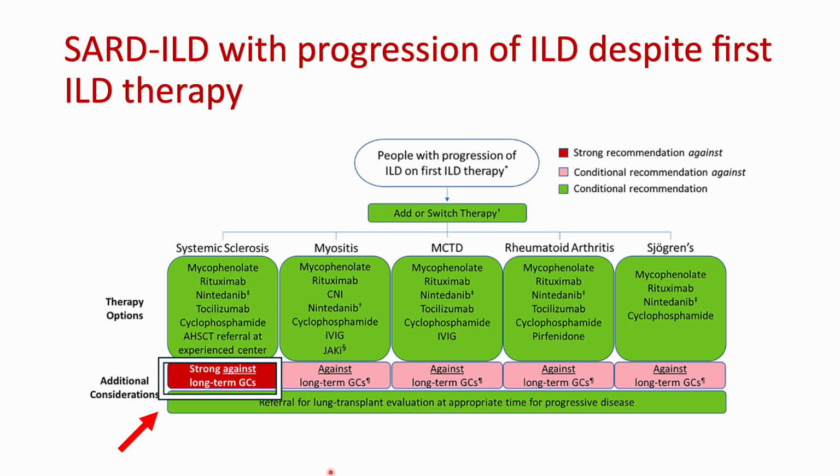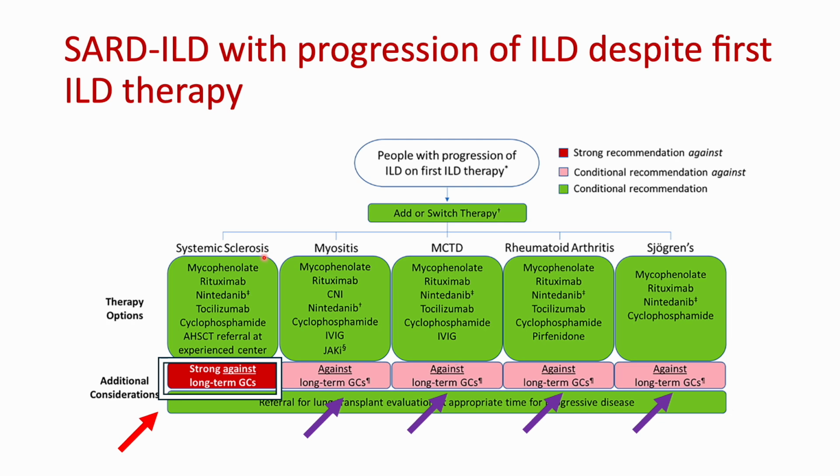Now let's look at the therapy options. For systemic sclerosis, if the patient is on mycophenolate, you can switch therapy to rituximab, or remember you can add therapy. So mycophenolate, rituximab, nintedanib, obviously if there's fibrosis, tocilizumab, cyclophosphamide, and hematopoietic stem cell transplant referral.